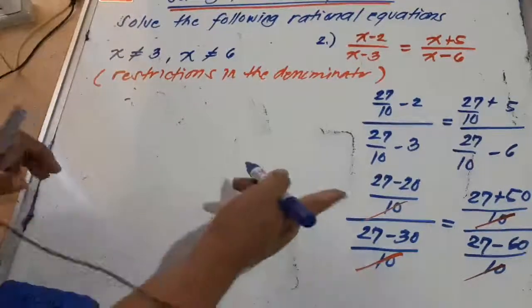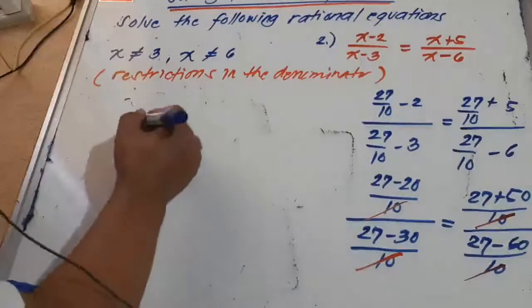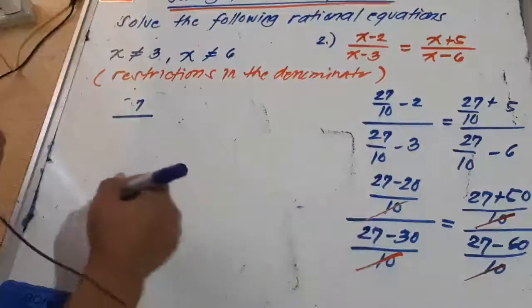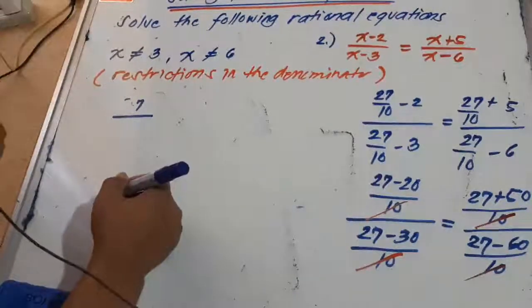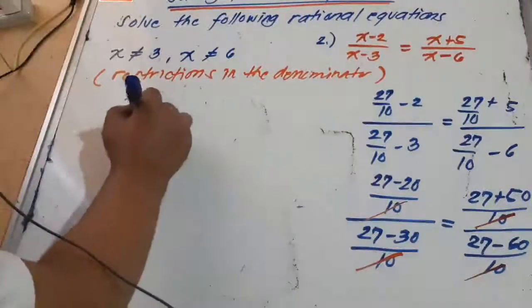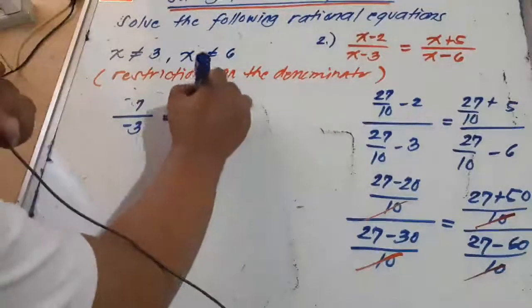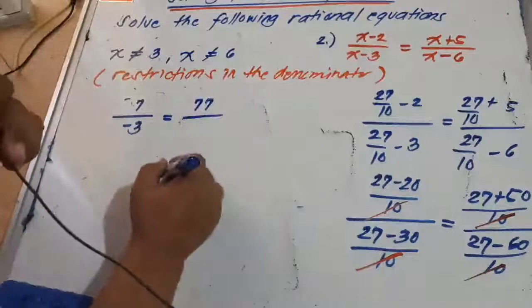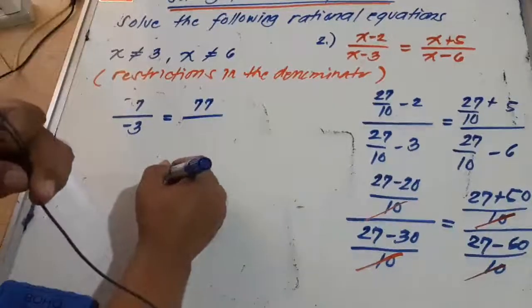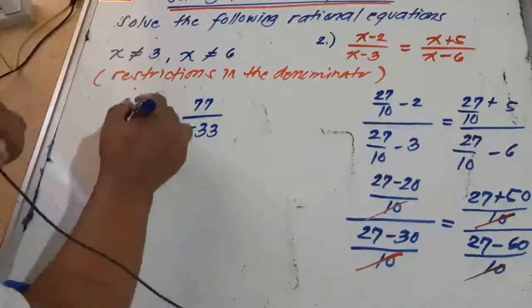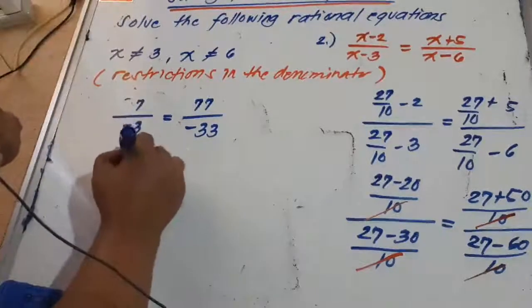Okay? Left side, we have 27 minus 20 is positive 7. 27 minus 30 is negative 3. 27 plus 50 is 77. 27 minus 60 is negative 33. So we have left side is negative 7 over 3.